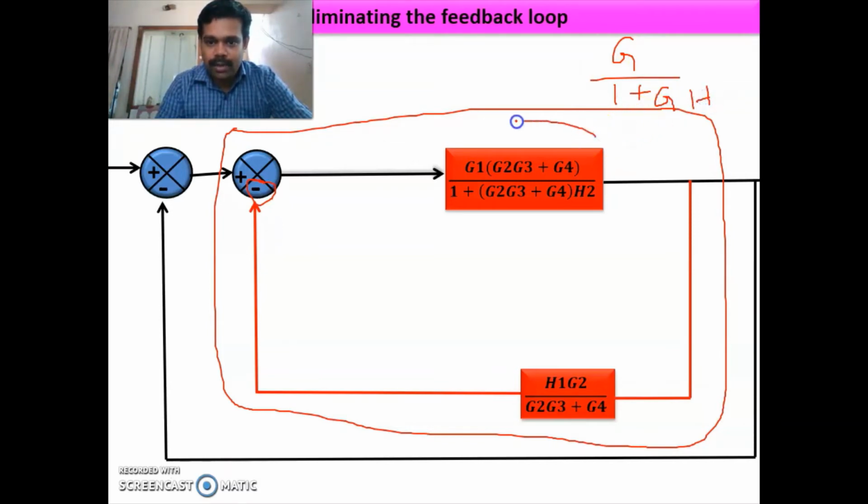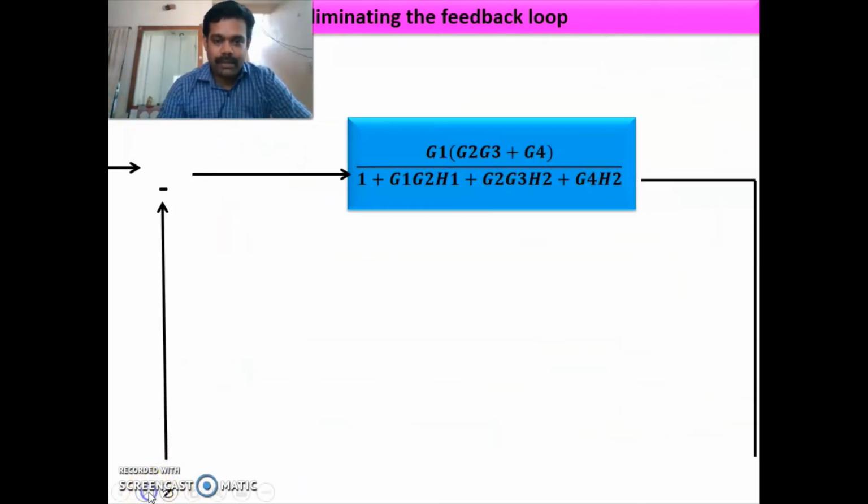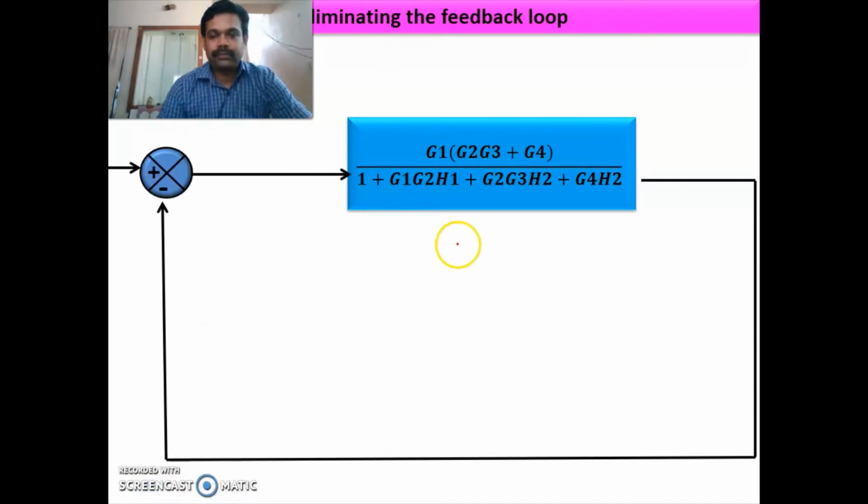G is G1 into G2, G3 plus G4 divided by 1 plus G2, G3 plus G4 into H2, and in the place of H you have H1 G2 divided by G2, G3 plus G4. After substituting in G divided by 1 plus GH and after minimization, we will get this expression.